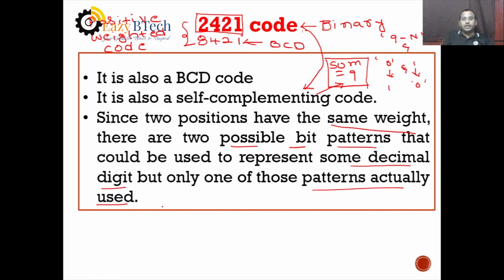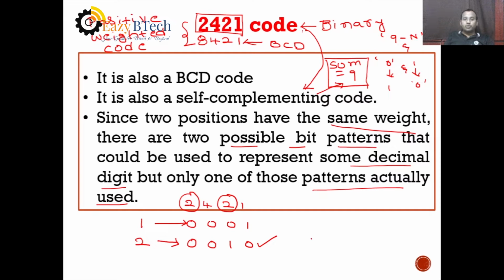For example, to represent 1 in 2421 code, we use 0001. This is the representation for decimal digit 1. Next, take the decimal digit 2. You may think that because two positions have the same weight of 2, either could be used, but we use only one representation for the decimal digit 2.